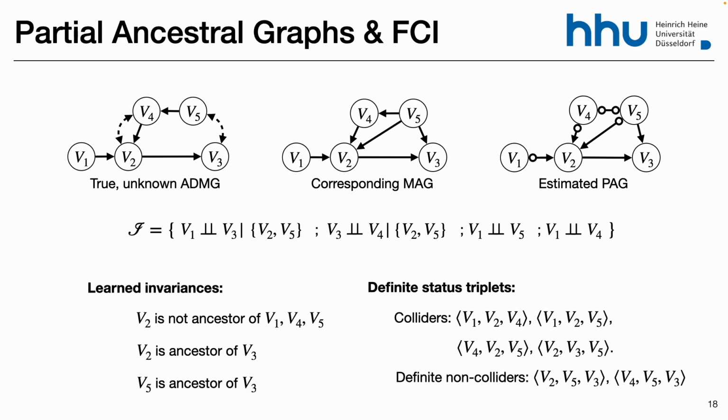So I can never create a collider in these two triplets, as we saw in those examples as well. It's going to create some problems if you start to understand what's happening. But if I give you a PAG, you don't even need to understand what's going on. You just need to preserve what's there, which is in terms of ancestor relationships and these definite status triplets.